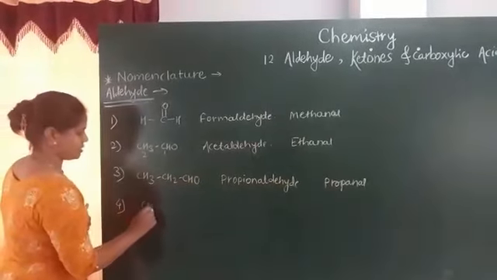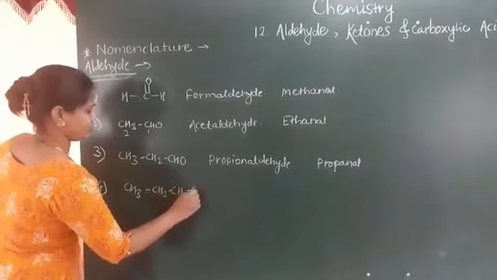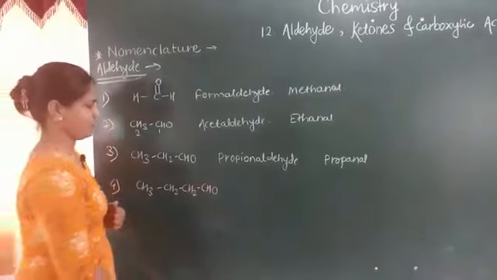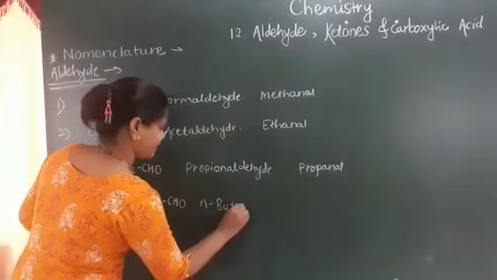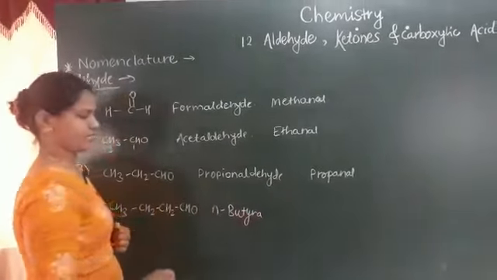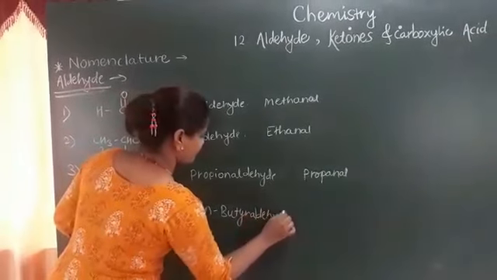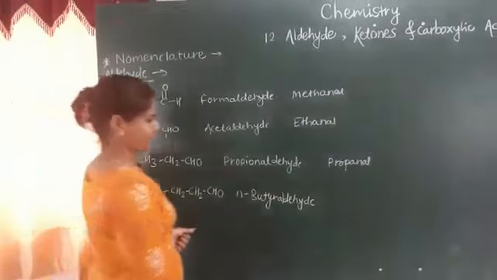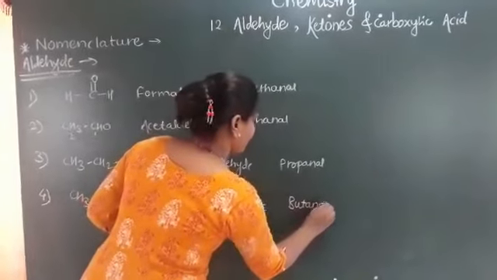Fourth one, CH3CH2CH2CHO. How many carbon atoms are there? 4. So the name is n-butyric acid. IC acid is replaced by aldehyde, then the name is n-butyraldehyde, and the IUPAC name is butanal.